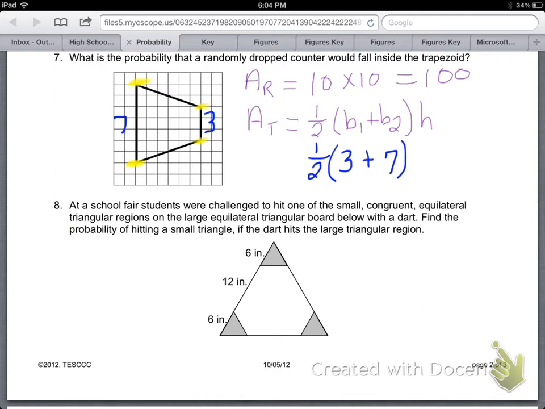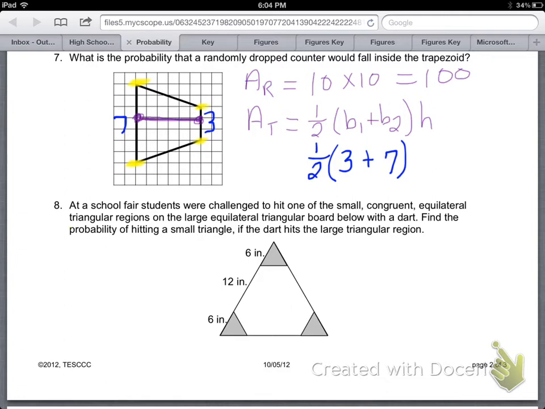Now the height. The height is also pretty easy to count. It goes from right here all the way up to here. This right here is the height.